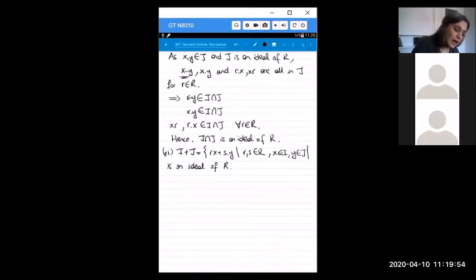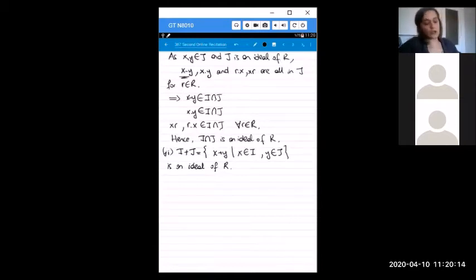I think we should write the set as x plus y such that x lies in I and y lies in J. But the other version is also true, of course, because since I is an ideal, all multiples of elements of I with an element from the ring R also lie in our ideal. So the other version is also correct, but this is, I think, the easiest way to see this ideal.